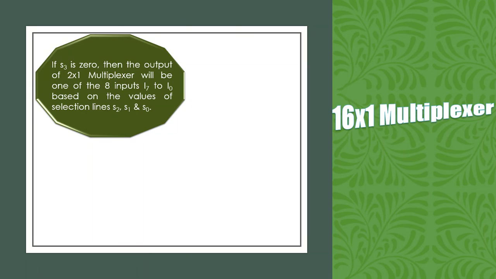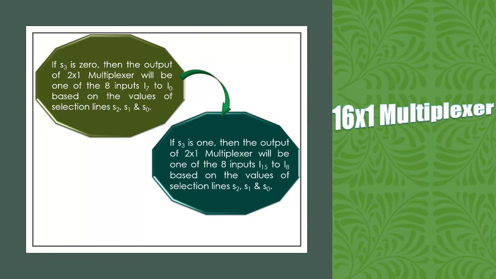If S3 is 1, now the condition is 1, then the output of the 2 into 1 multiplexer will be one of the 8 inputs, that is I15 to I8, based on the values of the selection lines S2, S1 and S0.